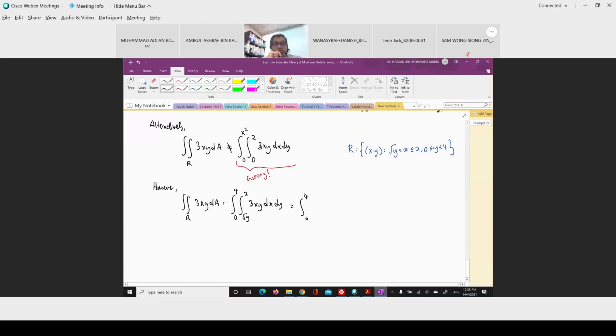Now the integral of 3xy with respect to x is what? 3 over 2 x squared y, isn't it? Where x is from square root y up to 2. Yes.